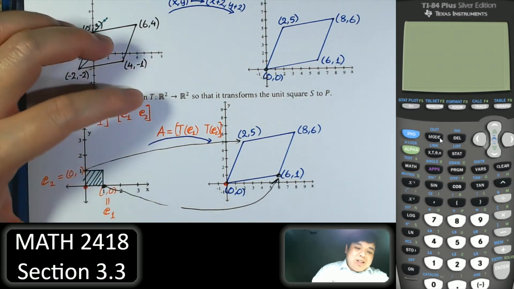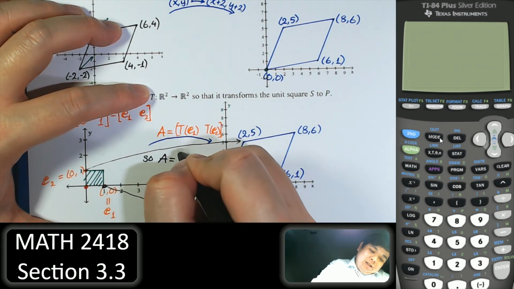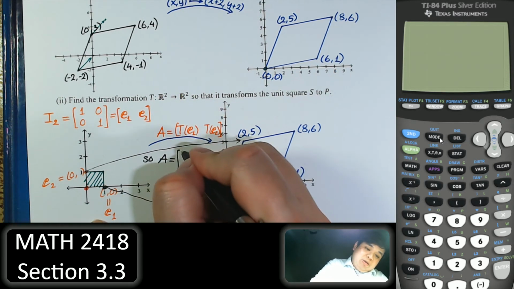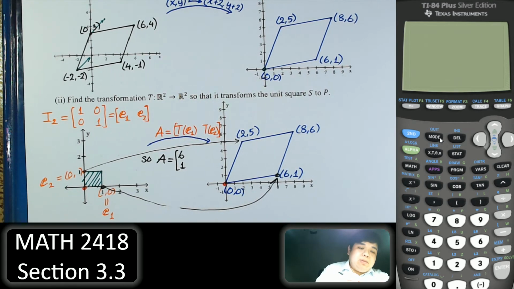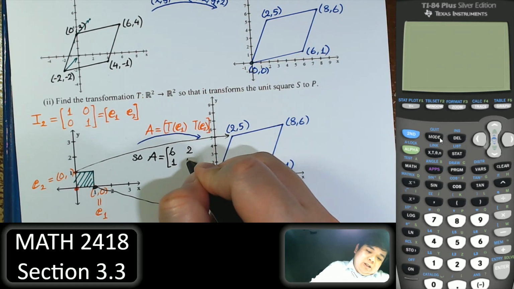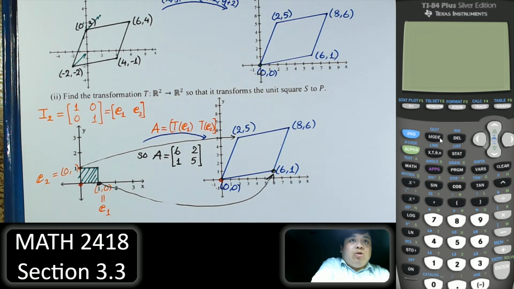So in that case, what is A? From E1, it mapped to the point 6 and 1, so the column is 6 and 1. And then from 0, 1, which is E2, it mapped to 2 and 5. So that is the matrix for the transformation.